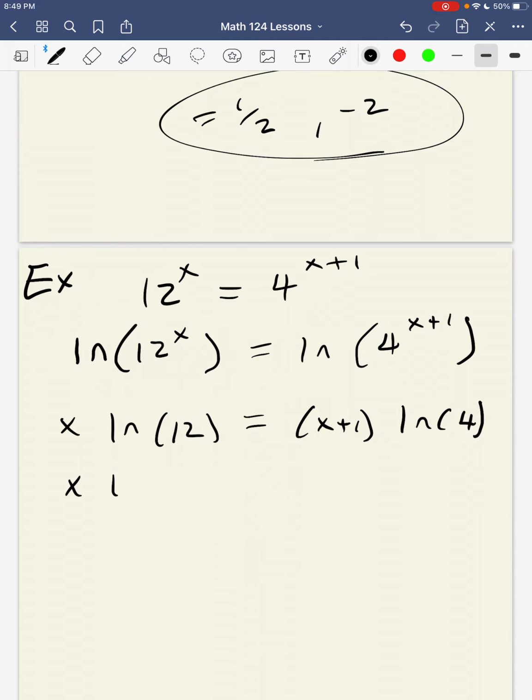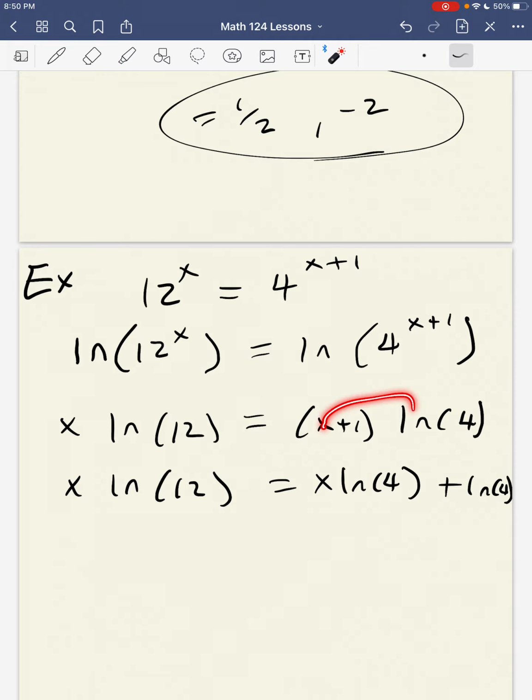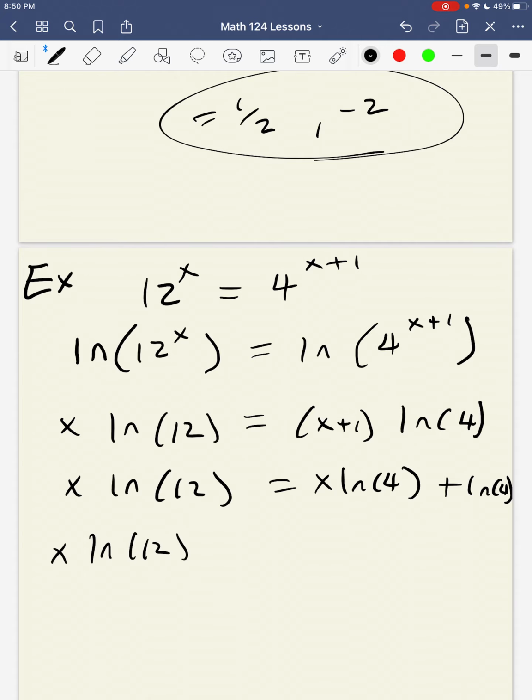Okay, so we have x log 12 equals x log 4 plus log 4. So in this step I multiplied it out. Okay, put everything with x on the same side. So I'll subtract the x log 4 to the left hand side.